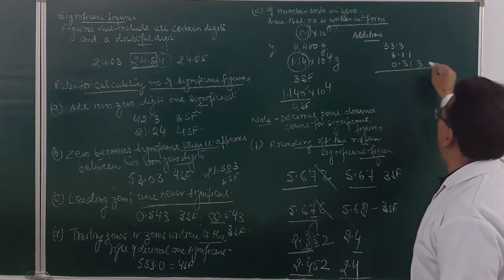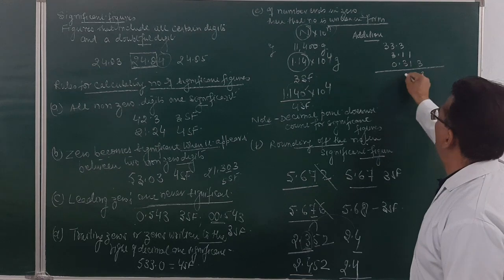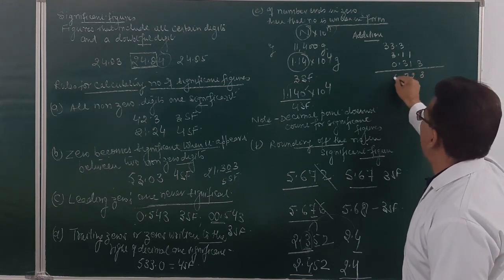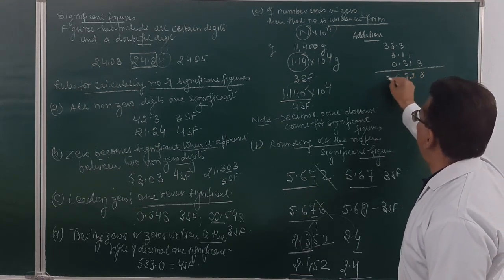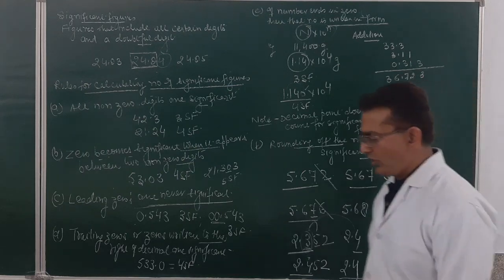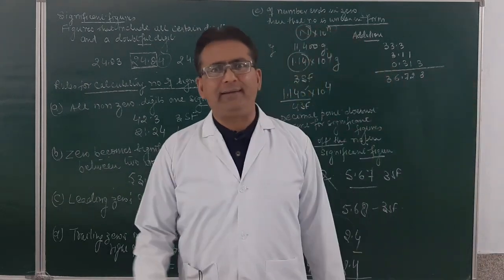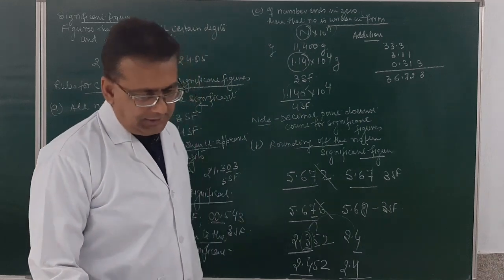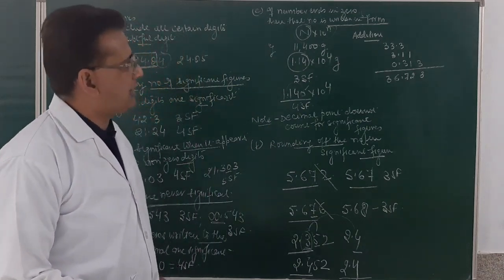If I add these numbers, the sum will be 36.723. Is it clear?